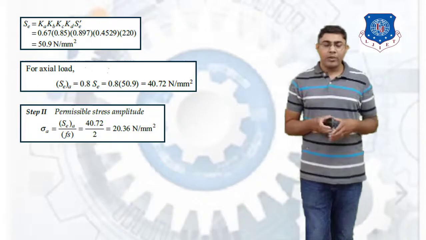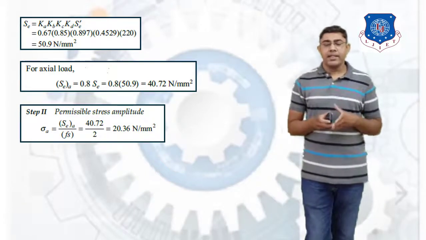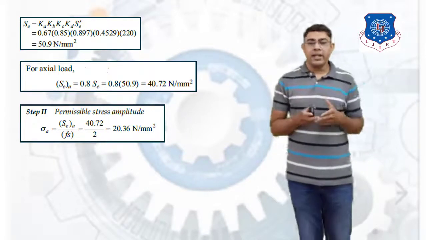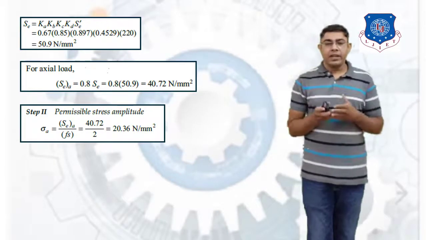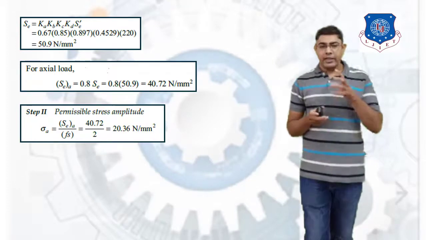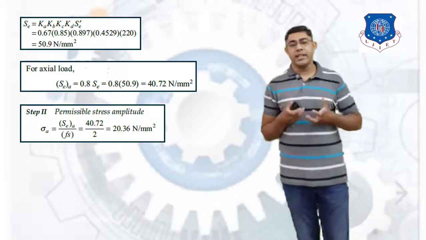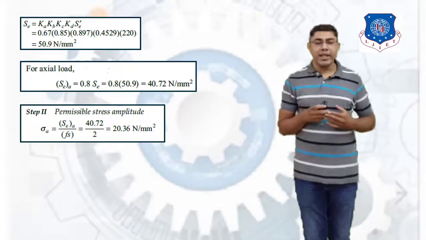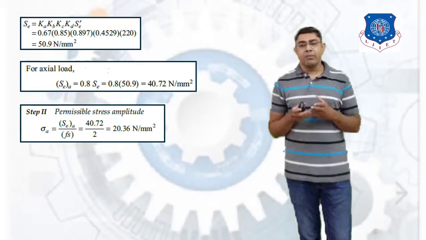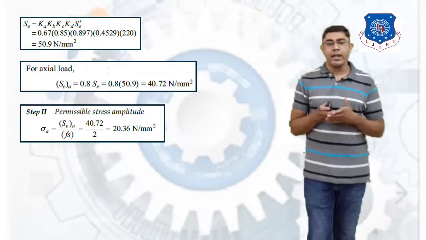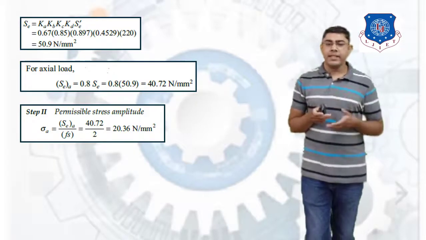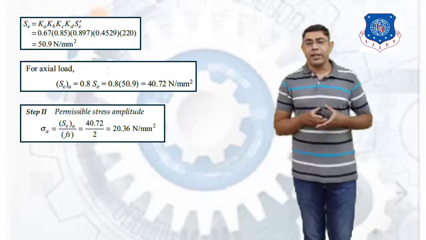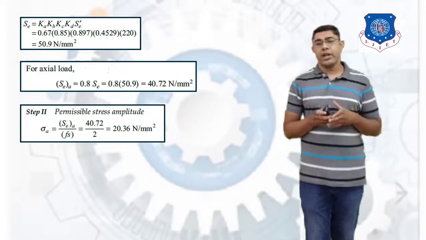Now we have to calculate the permissible stress amplitude, sigma A, which is equal to SEA divided by factor of safety. The factor of safety is given, so SEA is 40.72 and factor of safety is 2. So we get sigma A, the permissible stress amplitude, equal to 20.36 Newton per mm square.